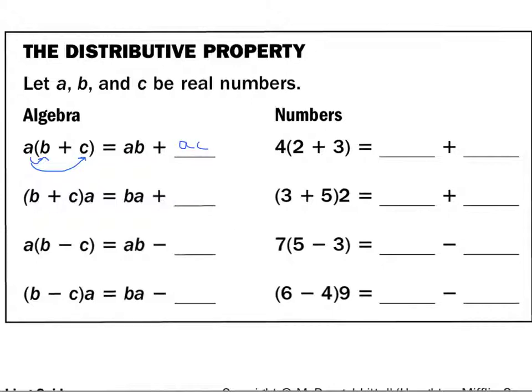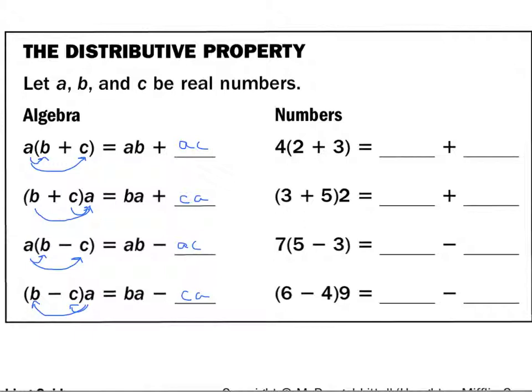Or here, the a can be on the other side, so that would be ba plus ca. Those are basically the same thing, though. The same thing with subtraction. ab minus ac, or backwards, ba minus ca.